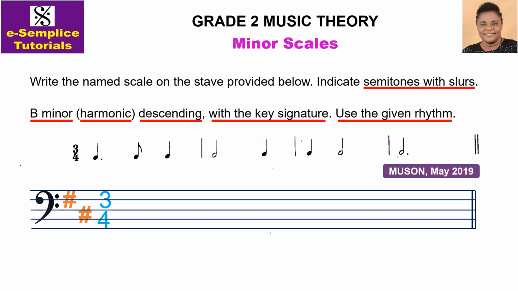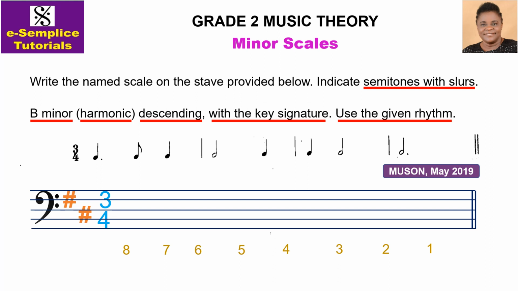I'm going to choose this upper B position, the B above line 5, and that is this B. But then it is a descending scale. Always show the degrees of the scale so that you don't make a mistake. It's a descending scale, so we are going from 8 to 1.